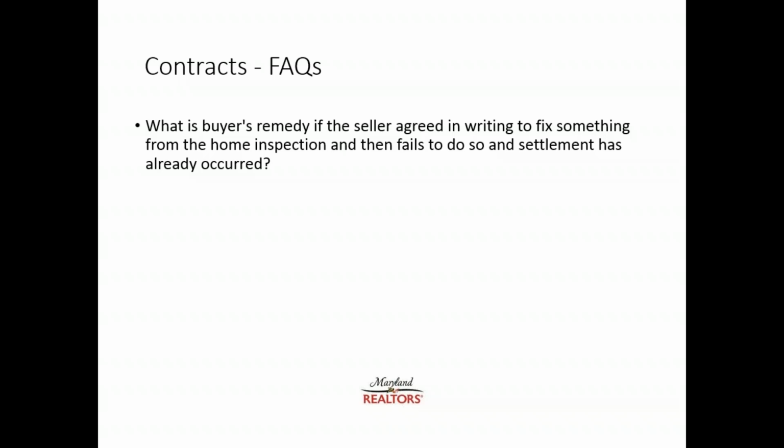Yeah, I think a question that I'm going to anticipate coming in, because there's a little bit of a delay, is what can a buyer do to bind a seller to make the agreed upon repairs after settlement? So they don't want to take the chance that the repairs aren't done by settlement and then have to go through mediation. Is there a method that a buyer can take to bind a seller to those repairs even through settlement?